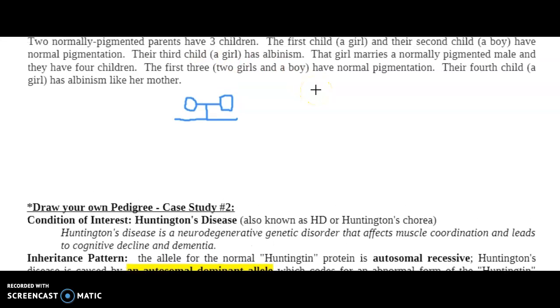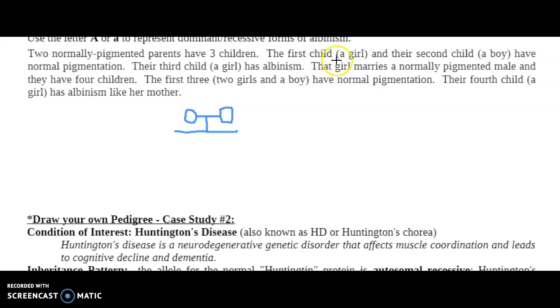And it says the first child is a girl. So your circles are girls. So our first child right here is going to be a girl. Second child is a boy. These squares are boys.